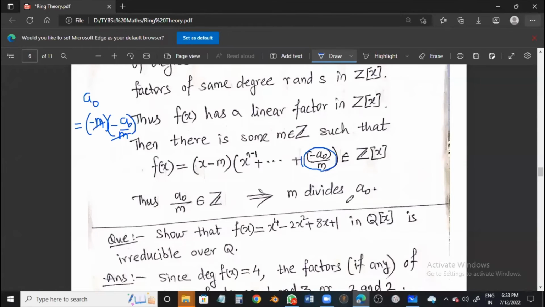Okay. And again you see m was an integer. So we are in the integer coefficients, meaning we are in z of x. So every coefficient must be an integer. And minus a naught upon m is also an integer, meaning what? When will this be an integer?